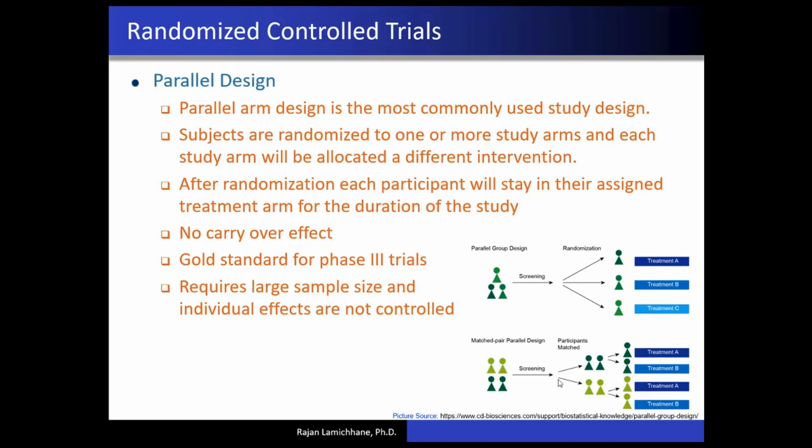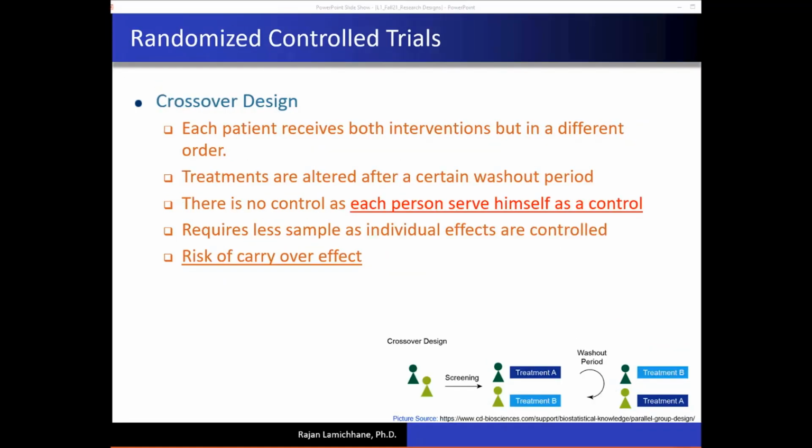So in this example, let's assume this is female and male, and first we screen these individuals and select the males and females separately, and the males are randomly assigned to the two treatments A and B, and similarly the females are randomly assigned to the two treatments A and B. This is called the matched pair parallel design, and the benefit is that we reduce the risk of group effect.